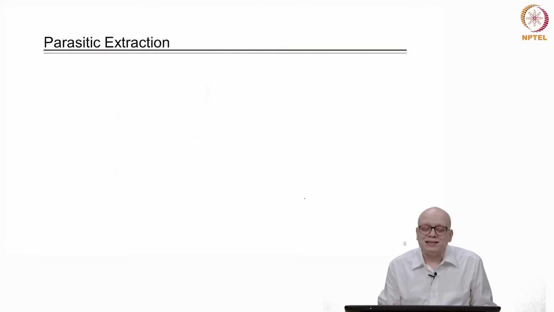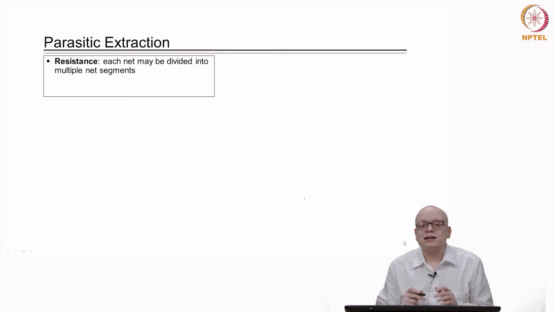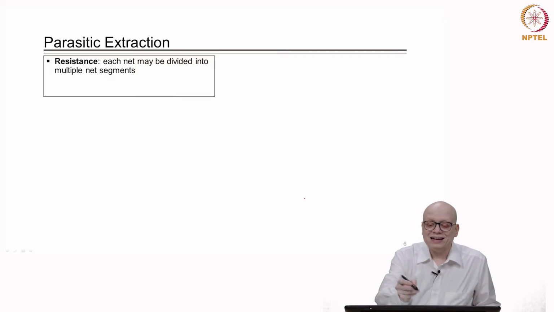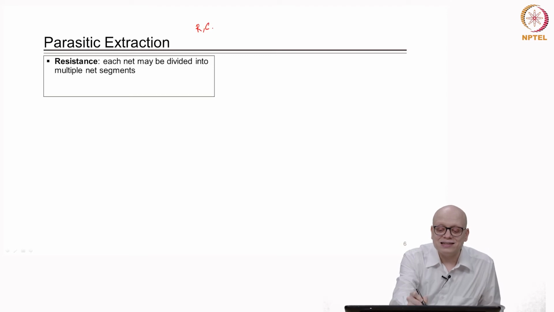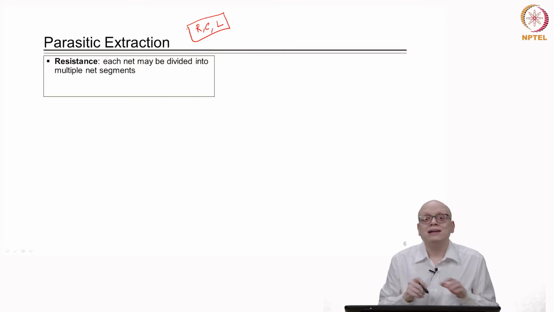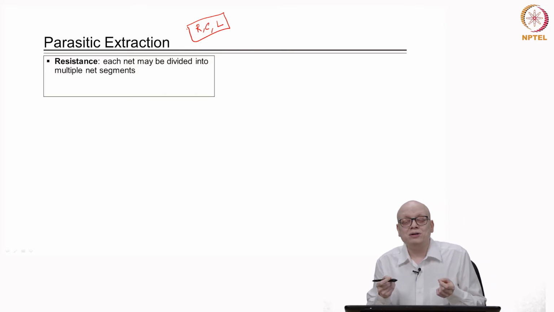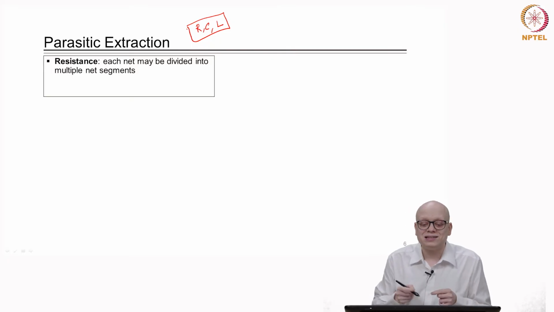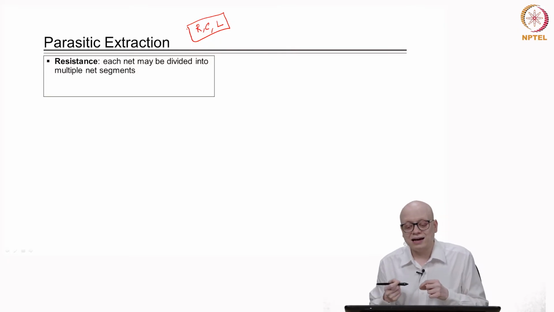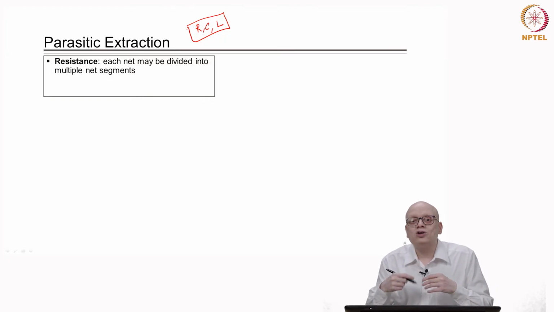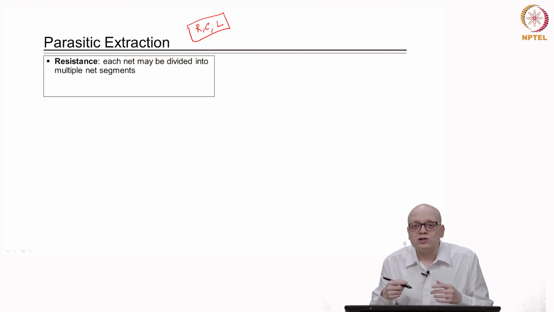Now, what is parasitic extraction? Parasitic extractions are basically the unwanted resistance, capacitance and inductance which are created on our layout. We did not create these resistors, capacitors and inductors intentionally in our layout, but they are automatically created because of the way we make the interconnections and so on.